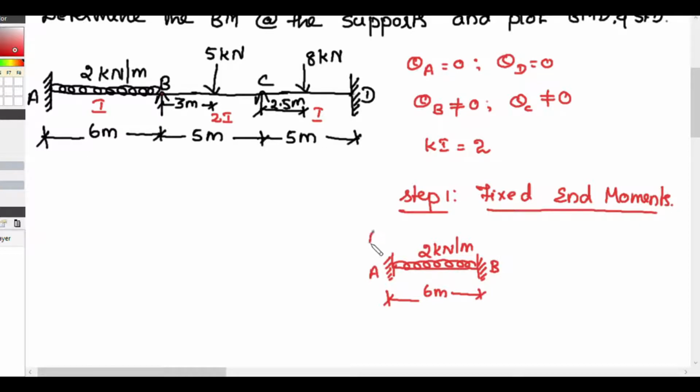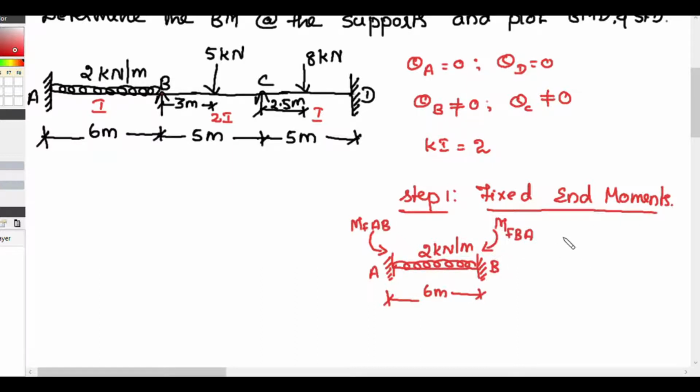So this will be your fixed end moment at A and here your moment will be like this. This is MF AB and this is MF BA. So MF AB will be negative, anti-clockwise, and MF BA will be positive, clockwise.